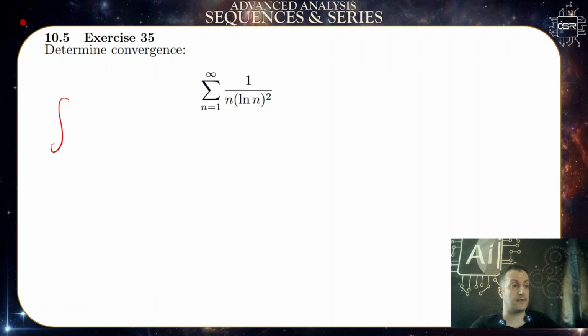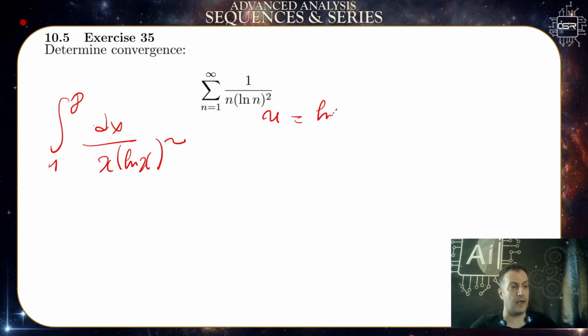Using the integral test, the integral from 1 to infinity of dx divided by x times ln x squared. Let u be equal to ln x, du equal to 1 over x dx.